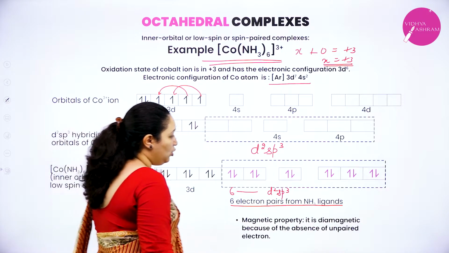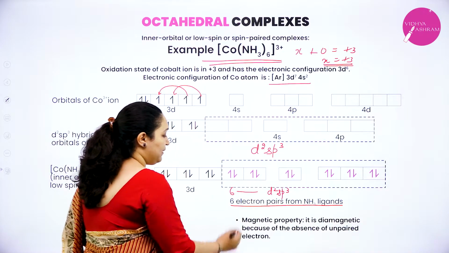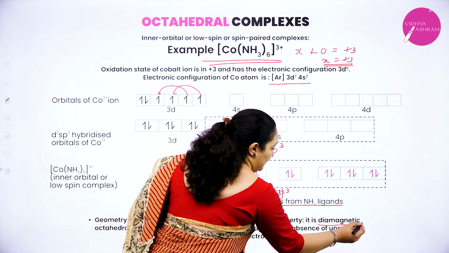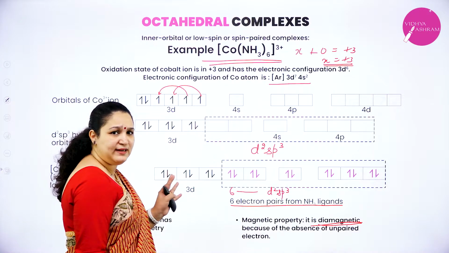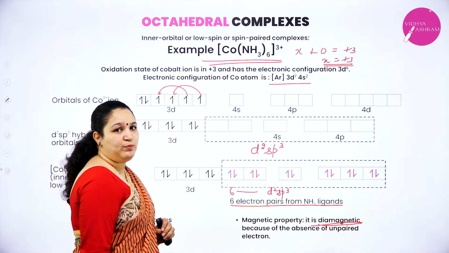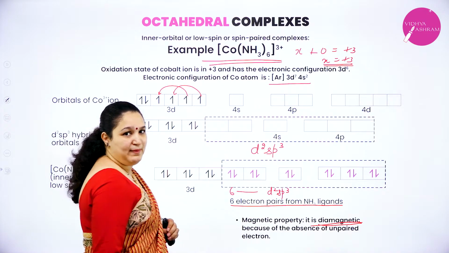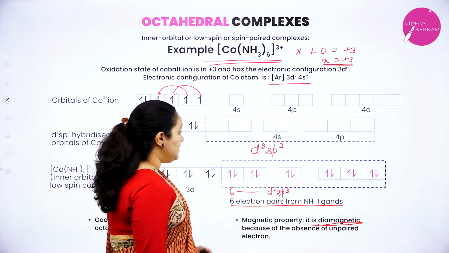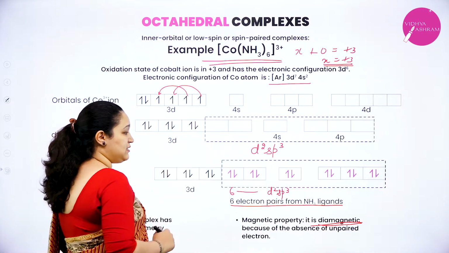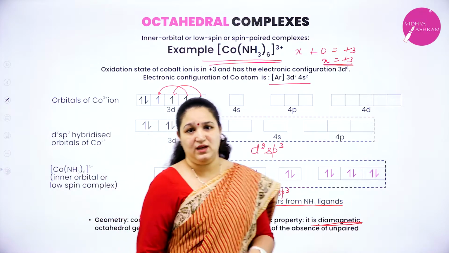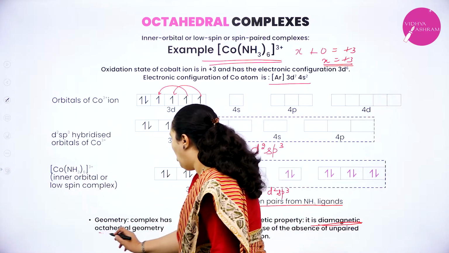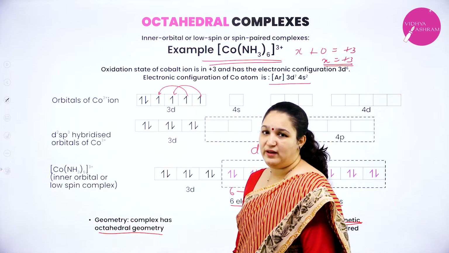As there are no unpaired electrons, the magnetic property is diamagnetic. If there was an unpaired electron, then the magnetic property would be paramagnetic. As the coordination number is 6 and the hybridization is d2sp3, the geometry is octahedral.